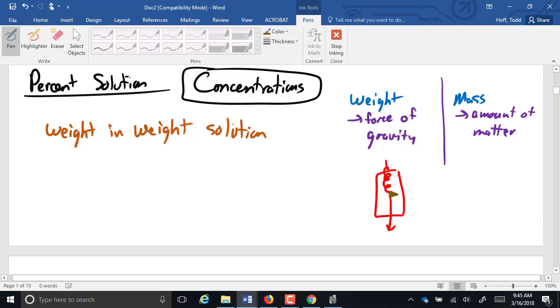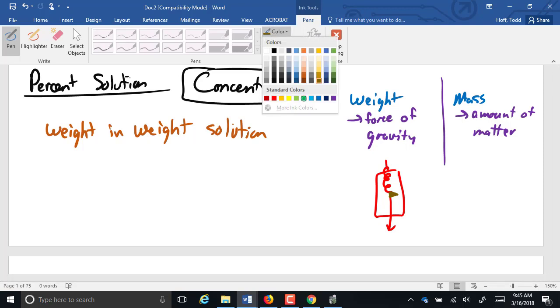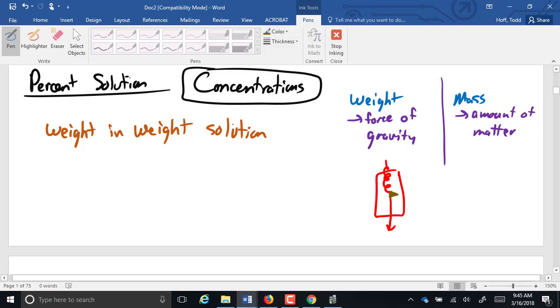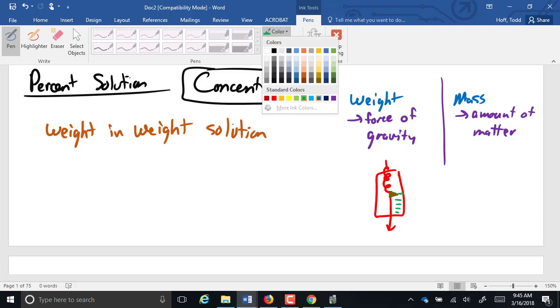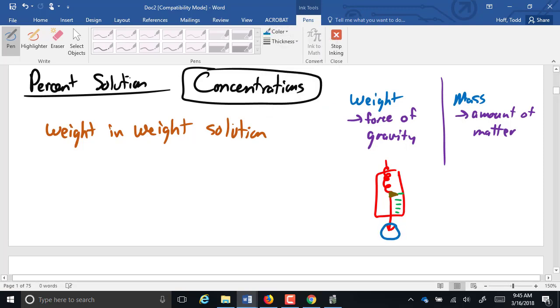The reason it's called a scale is because there's a number scale that indicator will point to. If I put an object on there, it's going to stretch that spring and pull that indicator down. The distance that indicator moves indicates the force being applied and measures the weight of that object.